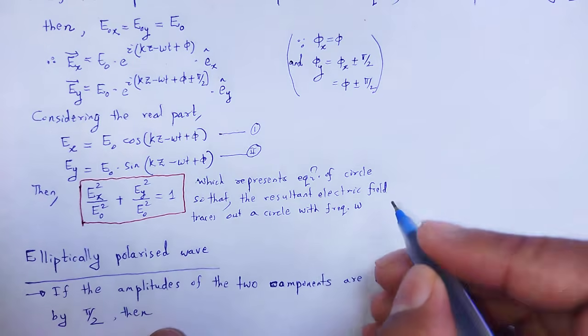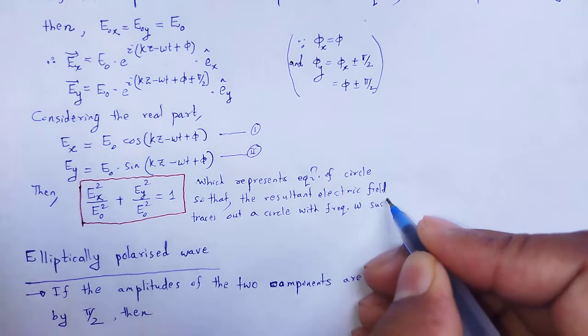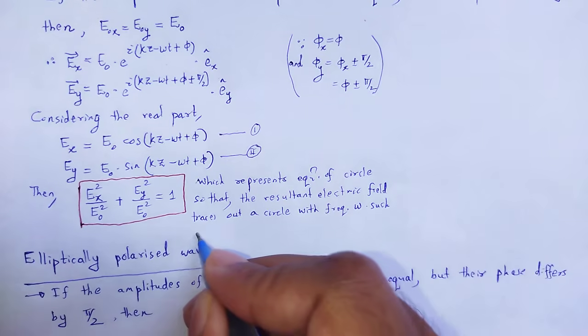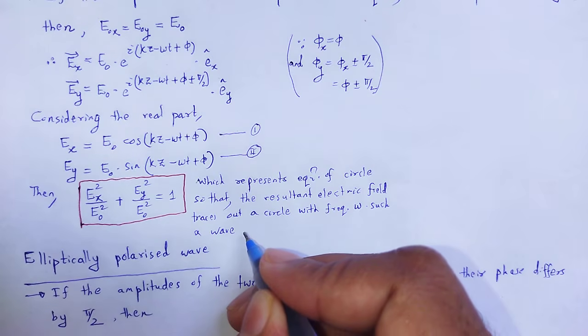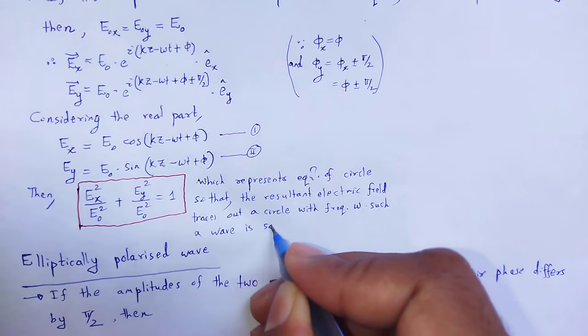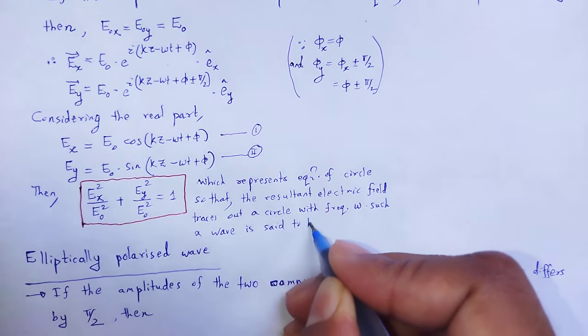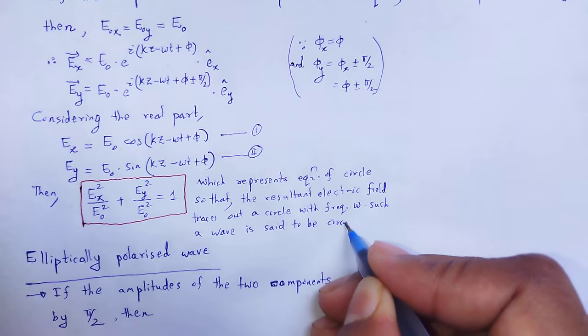Such a wave is said to be circularly polarized.